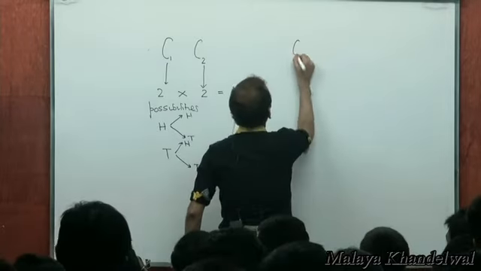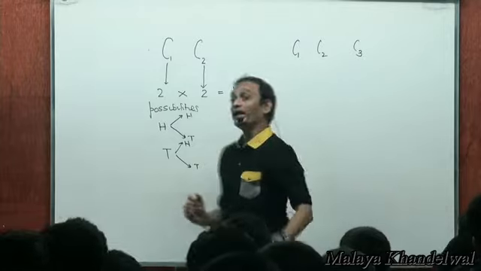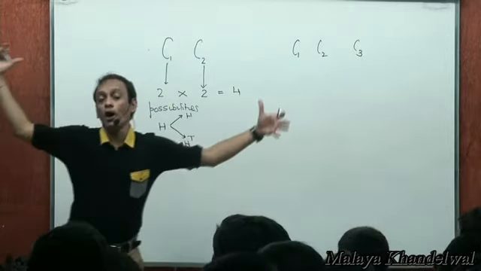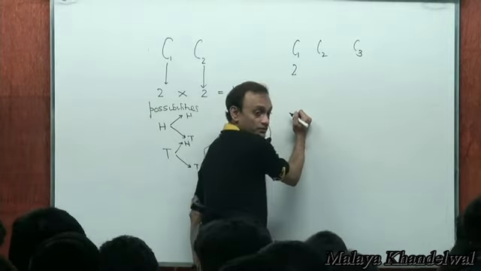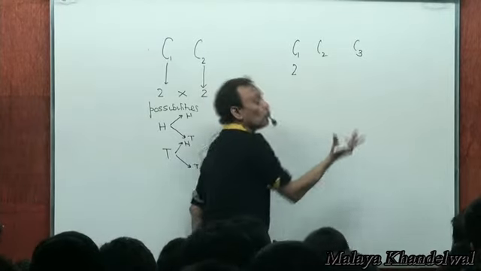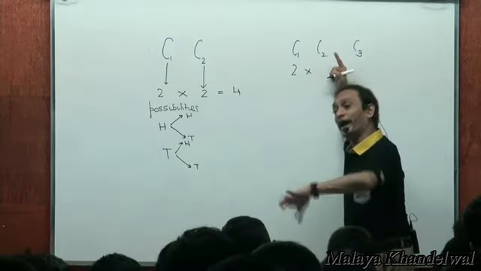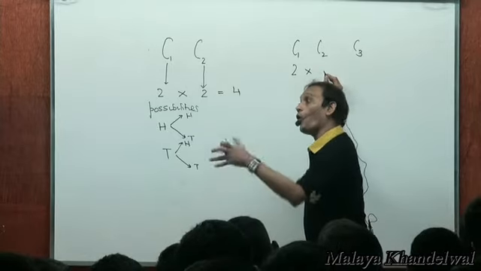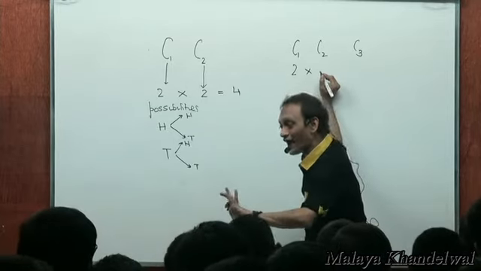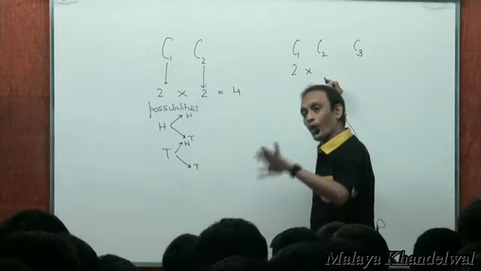Similarly, if I am flipping 3 coins, C1, C2, C3, then the total number of options produced would be, C1 would give me 2 possible options. It would be a head or a tail. Following a head or a tail, there would be 2 options for C2, head or a tail. So whenever I say or, I am actually adding: head or a tail, that means 1 plus 1, 2.